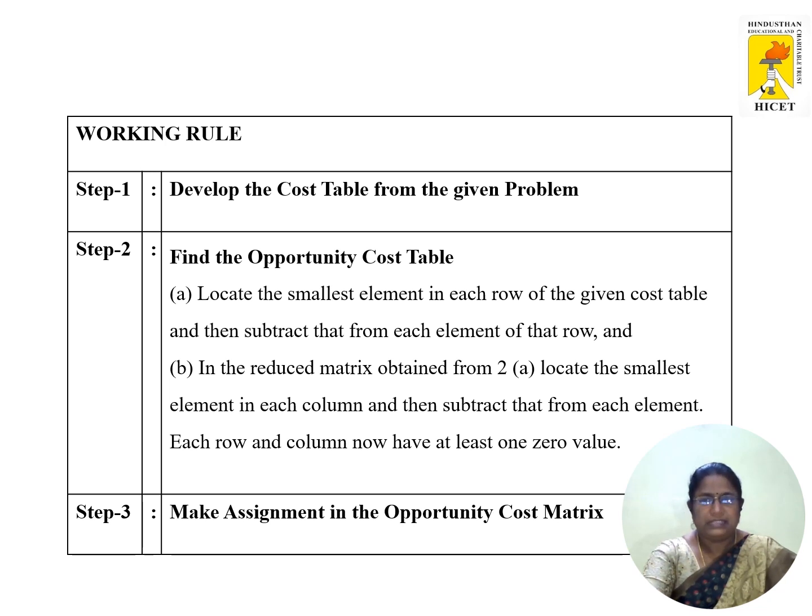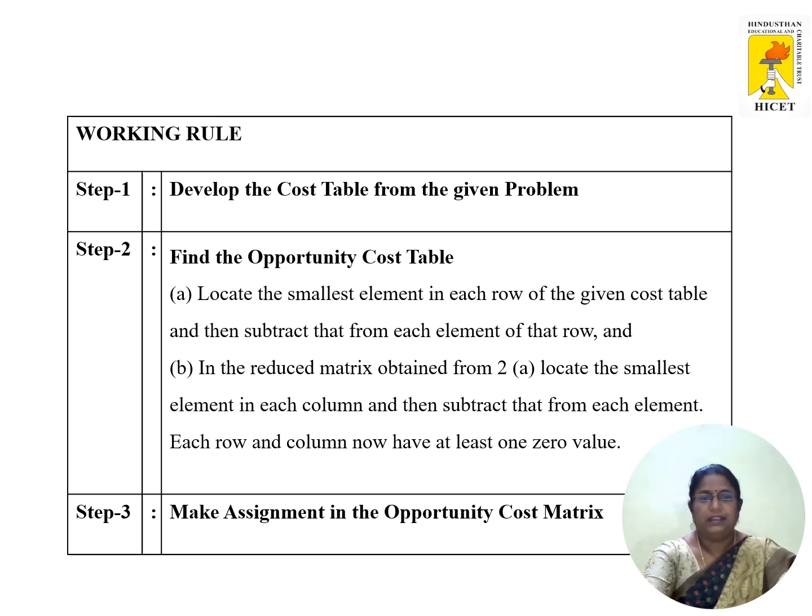In this case, we have at least one zero in each row. If not, then in the above reduced matrix, locate the smallest element in each column and then subtract that from each element. So finally, each row and column now have at least one zero value.